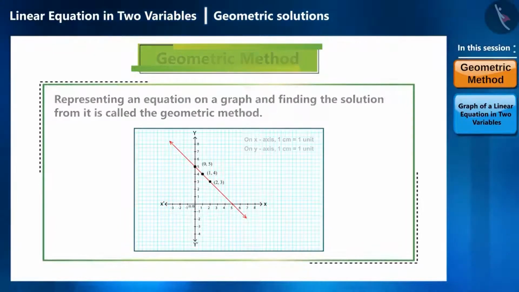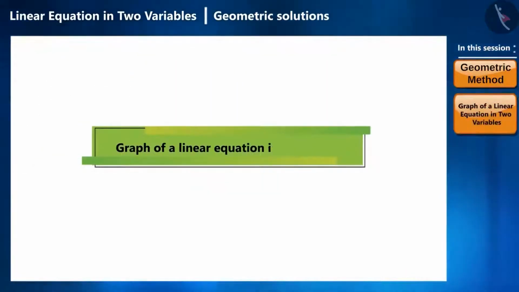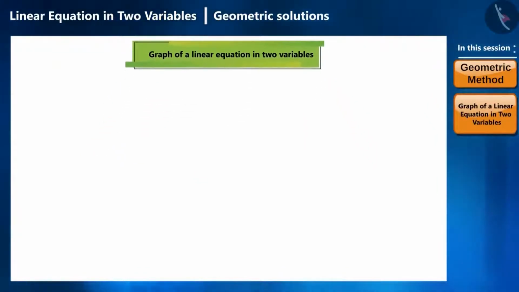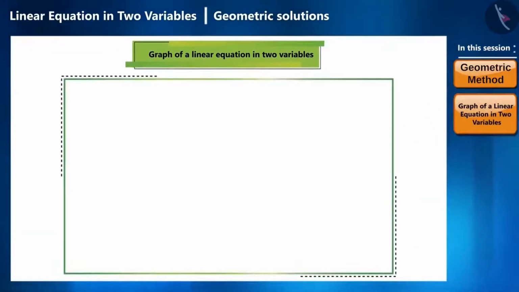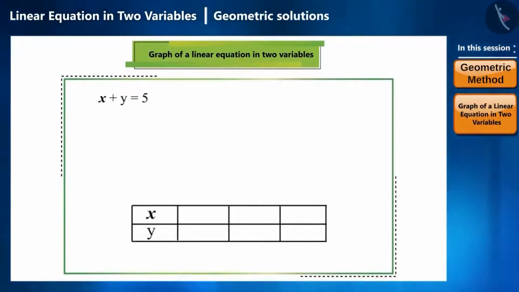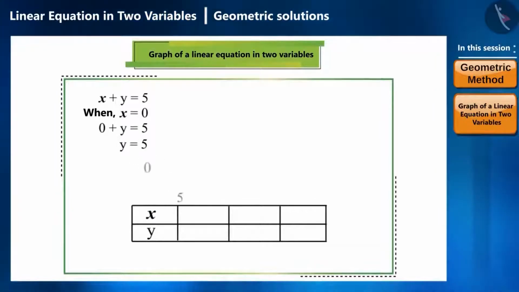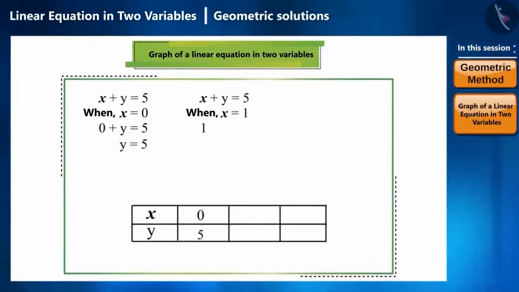So let us see how to construct the graph of a linear equation in two variables. First, let us take a linear equation with two variables such as x plus y is equal to 5. Now we will create a table like this where we will take different values for x and y. By replacing x with 0, we will get y is equal to 5. By replacing x with 1, we will get y is equal to 4.